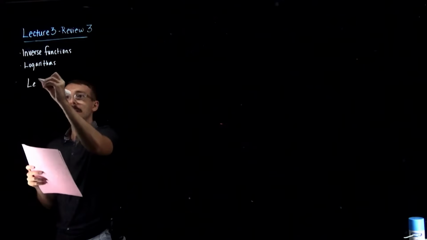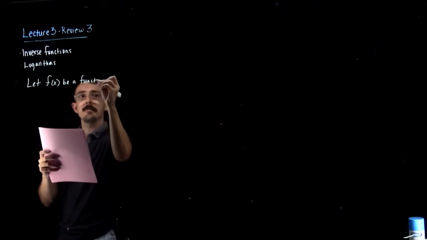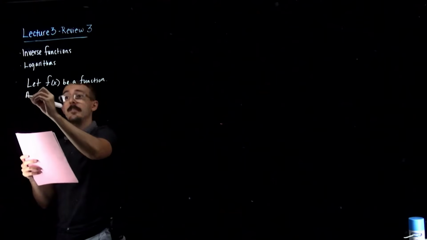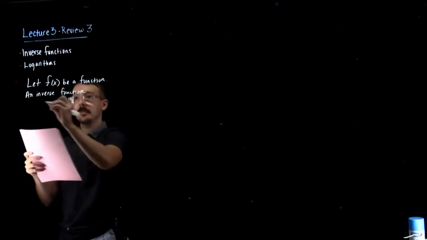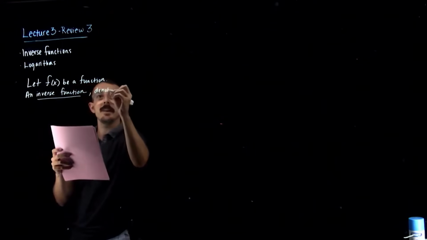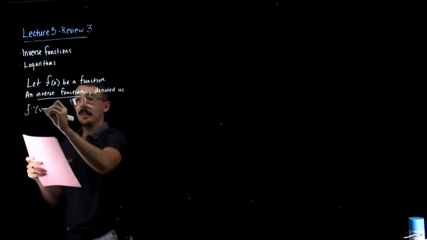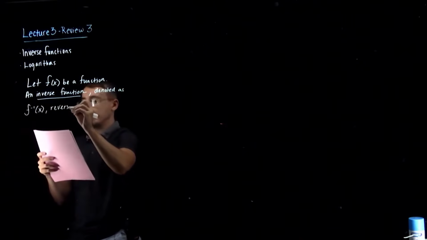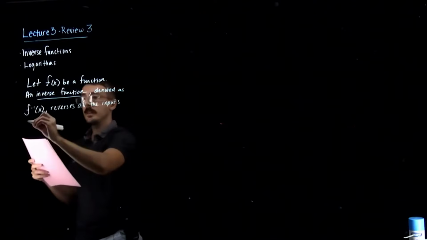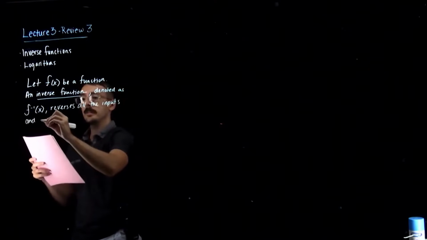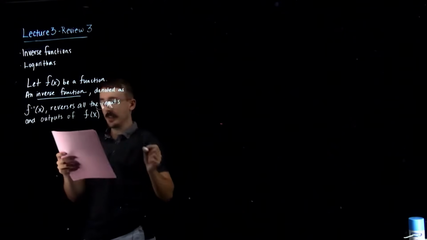Let f of x be a function. An inverse function, and we usually denote it as f to the -1 of x, reverses all the inputs and outputs of f of x, of the original function.